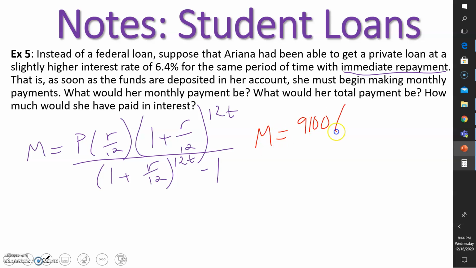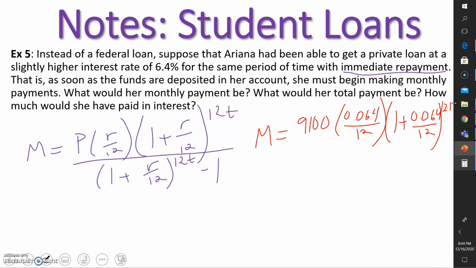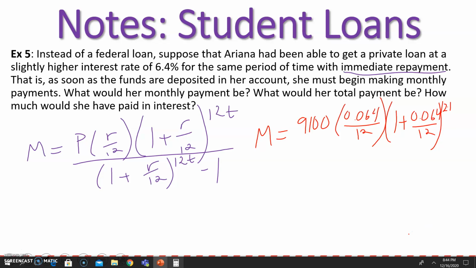So 9,100, our rate is 0.064 over 12, 1 plus 0.064 over 12, to the power of 12 times 10, we still have 10 years, all over 1 plus 0.064 over 12 to the power of 12 times 10, minus 1.